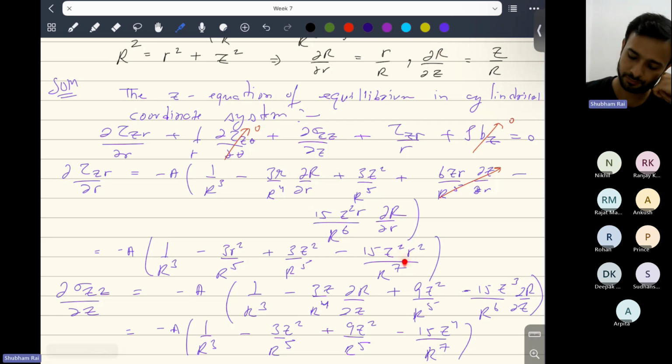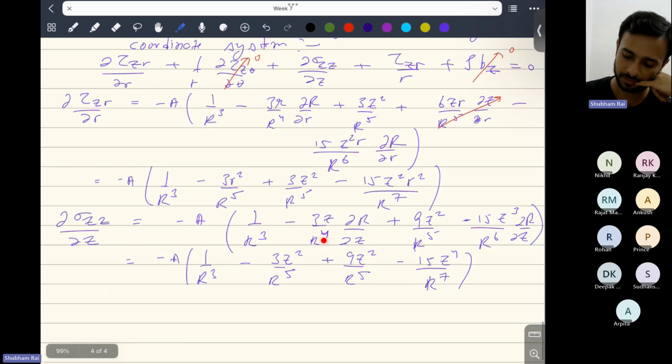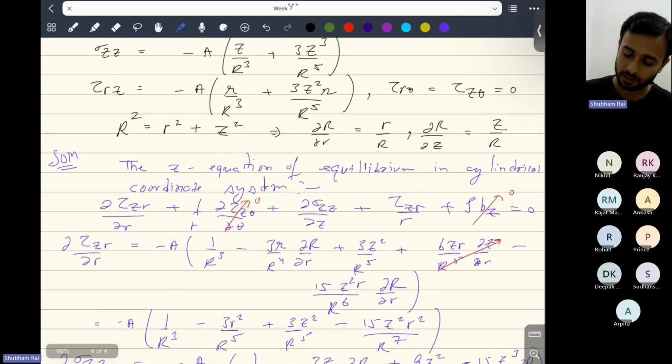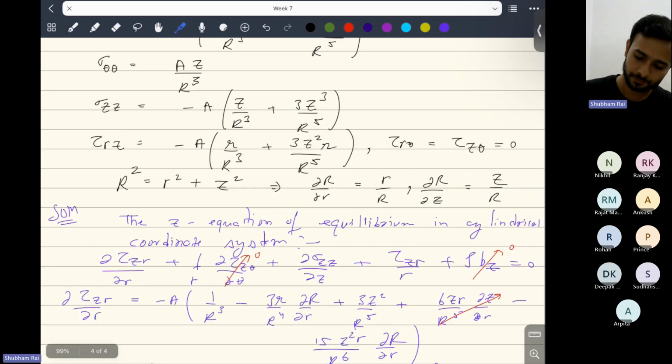So if you do that, one order of each term will increase, z square by r5. This is already 9 z square by r5. Now you have one more term left, I think. Yeah, this del tau. There is not any partial differential in this term, so we'll have tau zr by r. Tau zr you already have, right?